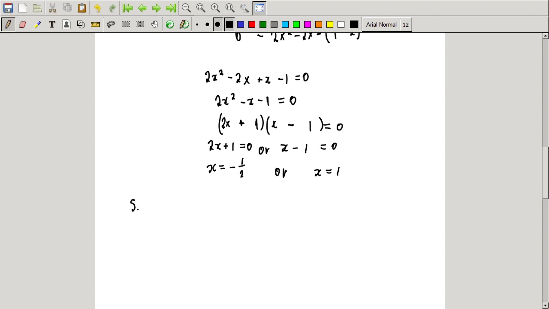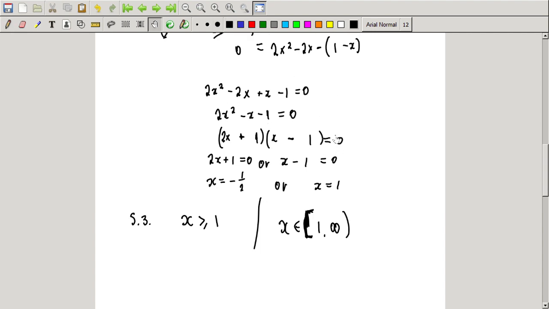So for 5.3, we have that our x is greater than or equal to 1, which can also be written as an interval. In the beginning I didn't include, I must also include 1, I forgot here.